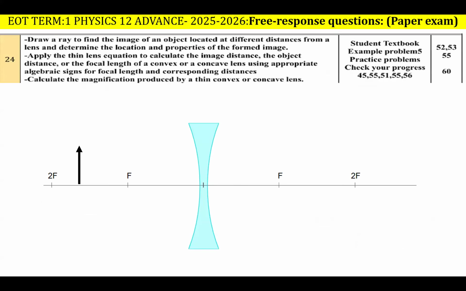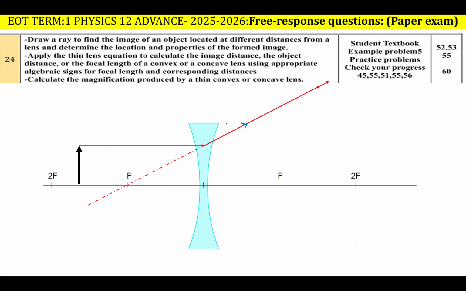Now let's check how we can draw the image formed by a concave lens. The first ray, which is coming parallel to the principal axis, after refraction goes away, it's diverging. Actually, after coming over here, it goes away. But when we trace it back, it will feel like it is coming from a point at the focus.